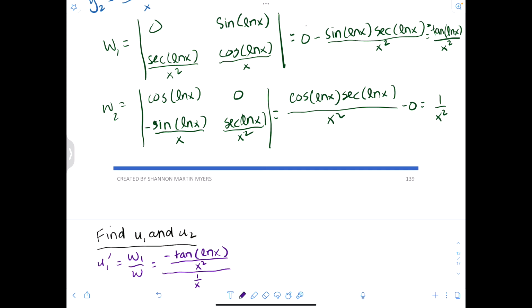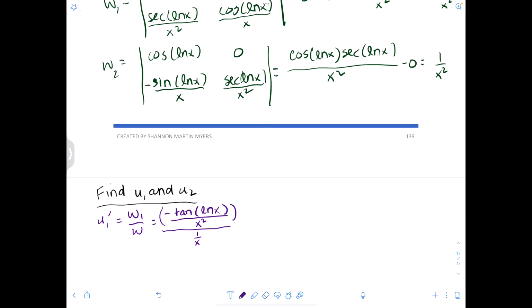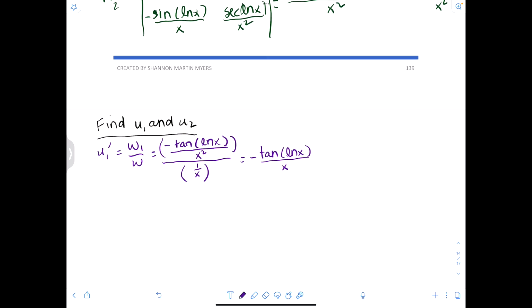So this will end up being negative tangent of natural log of x over x. Which is nice because it's all ready for integration.